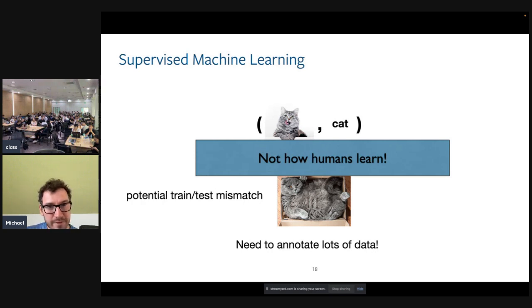And aside from this, to basically teach a machine explicitly that an input example corresponds to a particular label or transcription or sequential output, that this is purely how we as humans learn is very unlikely. So typically, people don't just learn by explicit supervision, as would be the case here.